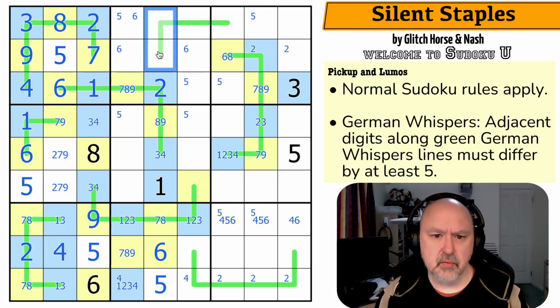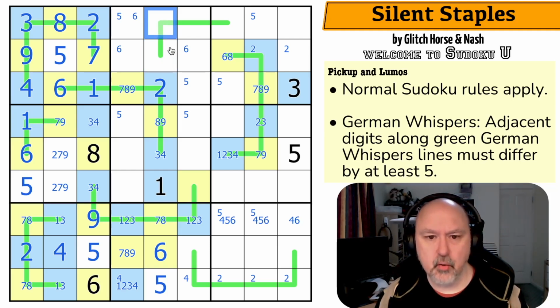So if there's a low on this, hang on, low. Where can I put the low on this? That can't be 1, 2, 3, or 4 but there has to be, because it sees 1, 2, and 3, and I can't put 4 there, or both of those would have to be low. That is the high digit. That's a really nice deduction. So those are low, and that is high.